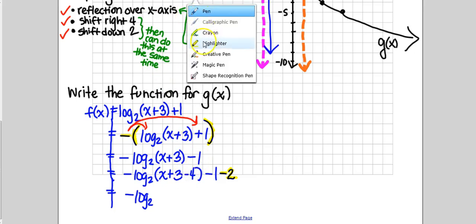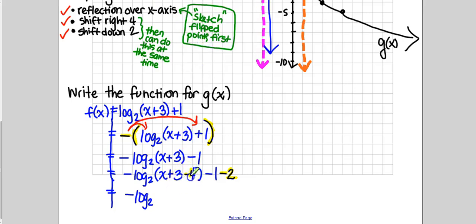That whole idea of a built-in negative still applies. If I had shifted left, then I would have put a plus 4. My apologies. So, combining the terms, x plus 3 minus 4, we get x minus 1, and then on the outside, minus 3.